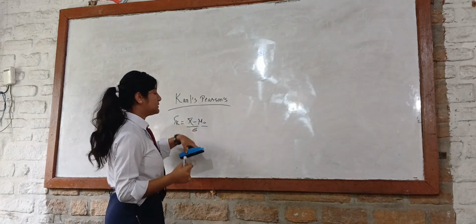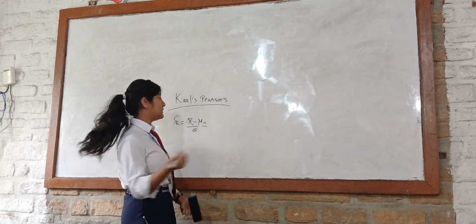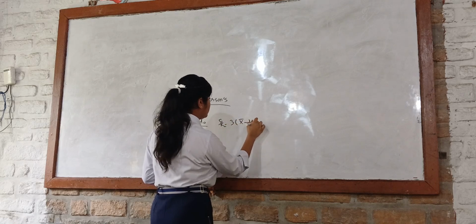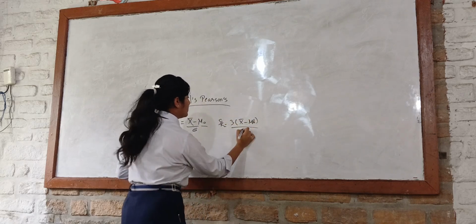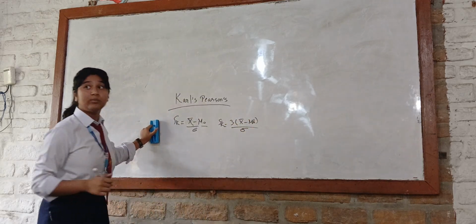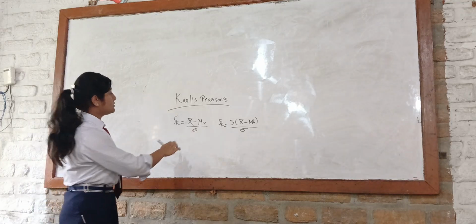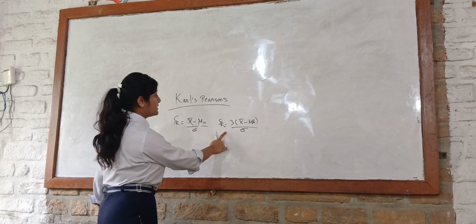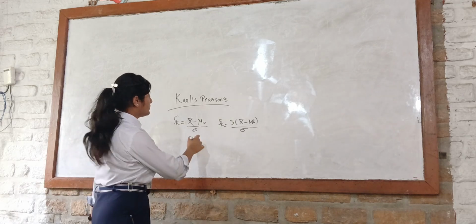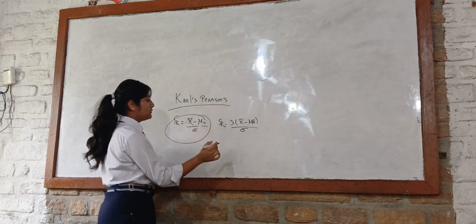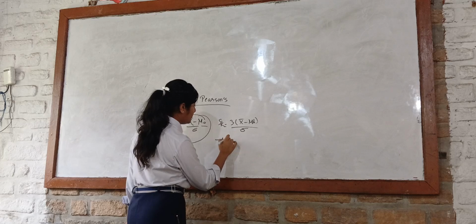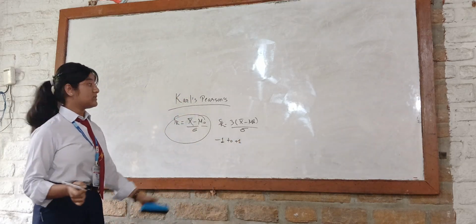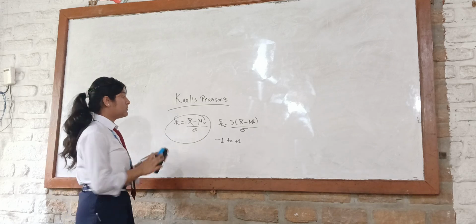If the mode is ill-defined or if we have a bimodal case, then we can use the formula 3 into mean minus median upon standard deviation. So this is for Karl Pearson's method. This is known as Pearsonian's first measure, and this is known as Pearsonian's second measure. So by using this formula, the obtained value will be from -1 to +1. So while doing the exercise, the value should not exceed this range.